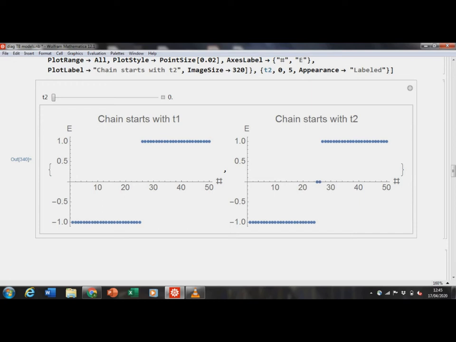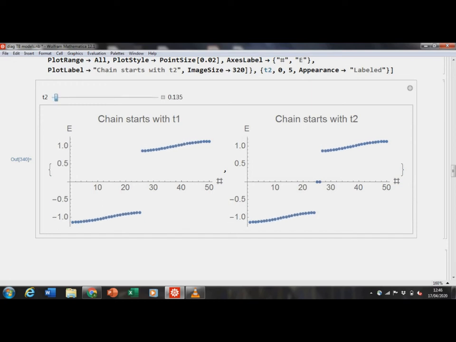So I have 24 pairs of dimers with 2 sites left over, one at each end of the chain, and therefore you see that in the middle of the spectrum I have just these 2 sites sitting exactly at 0 energy, and they sit in an eigenenergy gap. So on the left-hand side and on the right-hand side you see that there's a big gap where there's basically no density of states between -1 and +1.